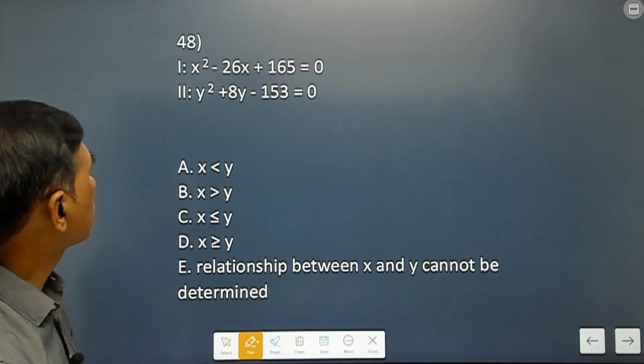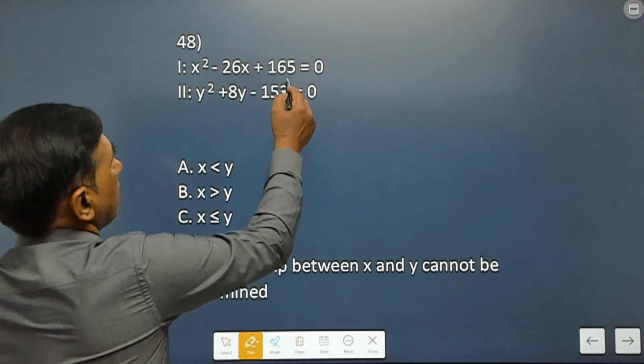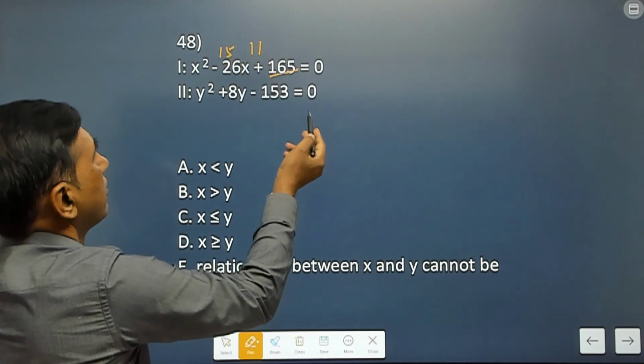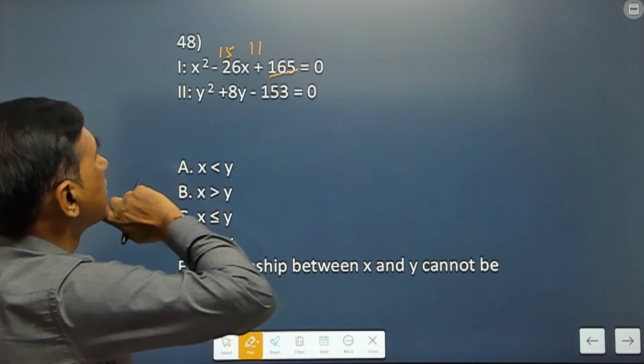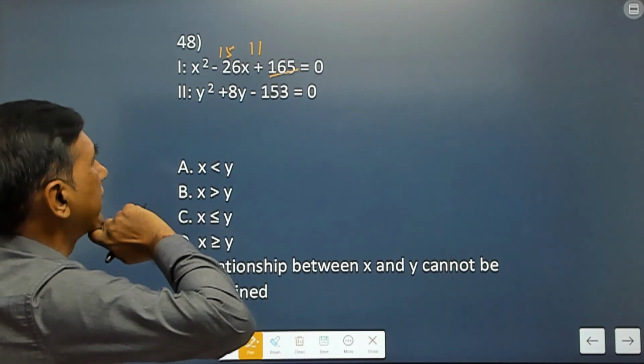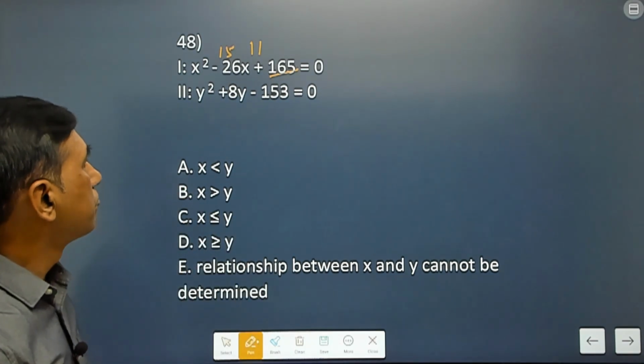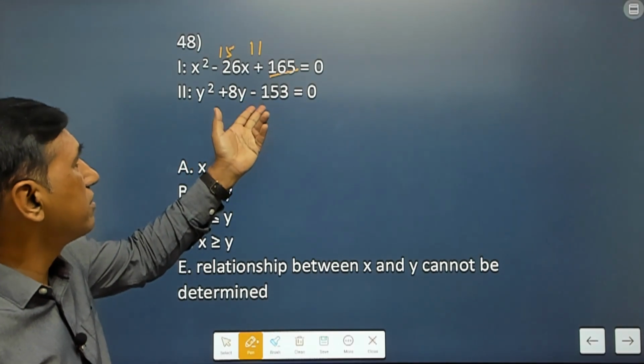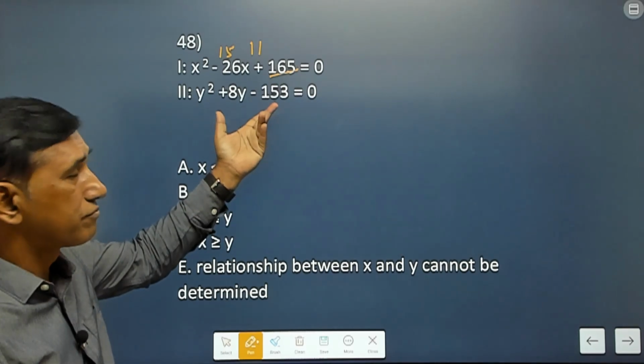Here x square minus 26x, this is a multiple of 11, so it has to be 15 and 11. Here we have to find out the prime of this. So prime of this is 17.